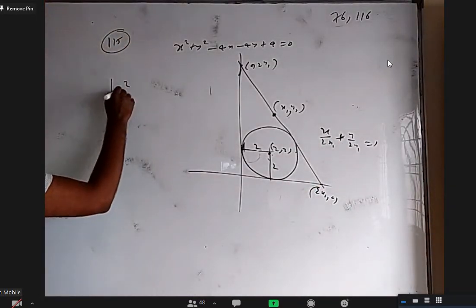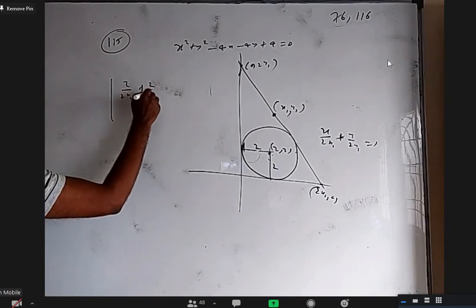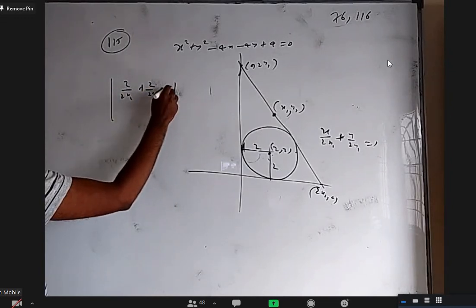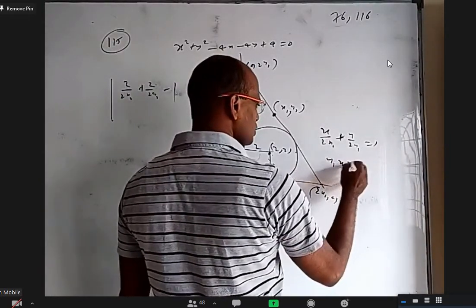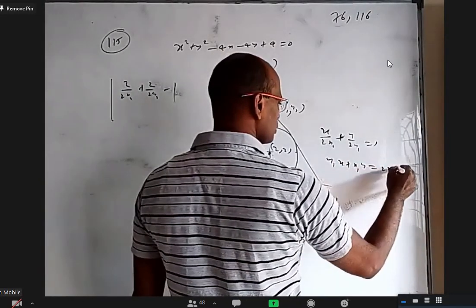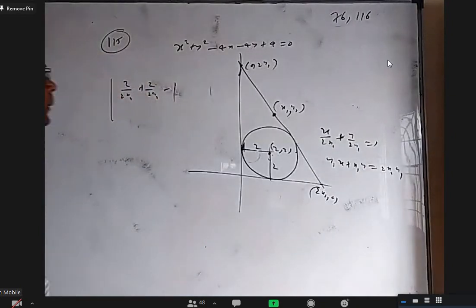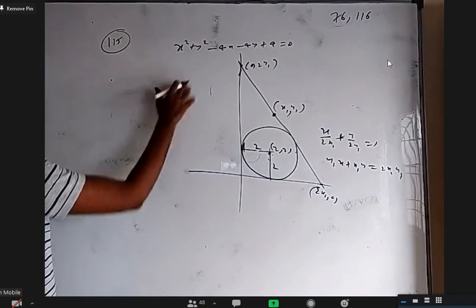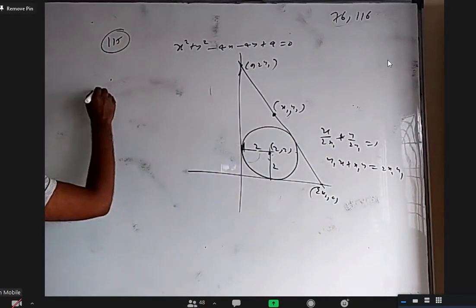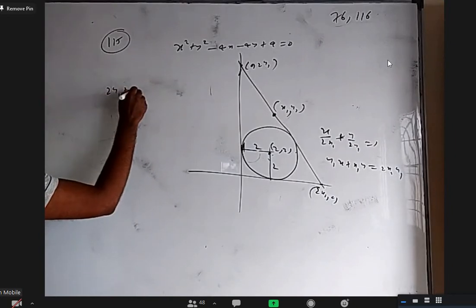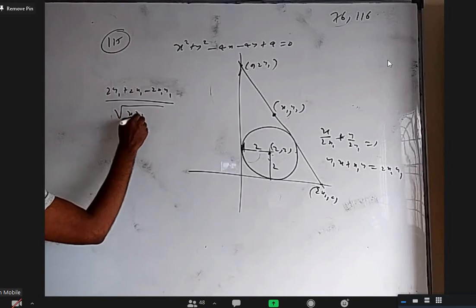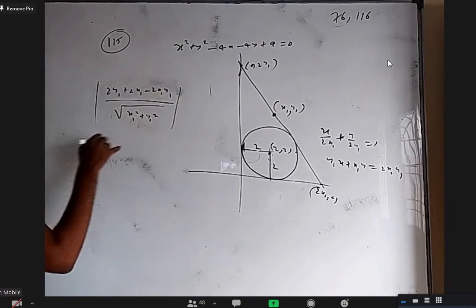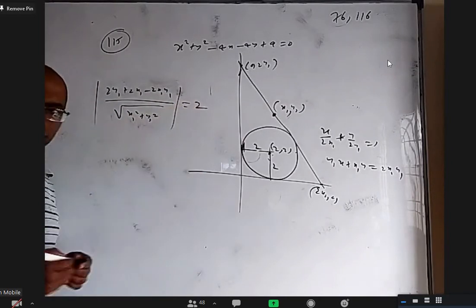That is 2 by 2x1 plus 2 by 2y1 minus 1. If I take the LCM, I can write y1x plus x1y equal to 2x1y1. From the center 2 comma 2, the distance is (2y1 plus 2x1 minus 2x1y1) by root over x1 square plus y1 square, mod, equal to radius 2.